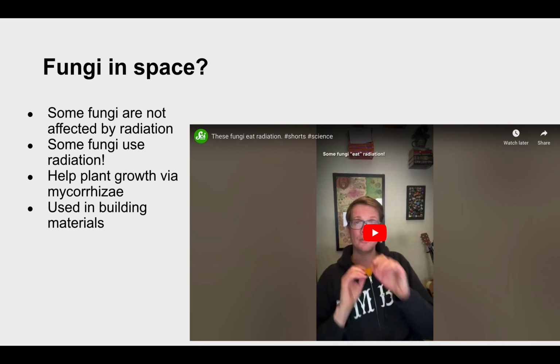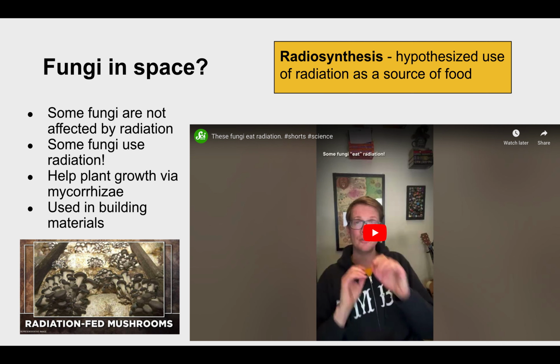Other fungi will actually use radiation, and this is an ongoing area of research. We hypothesize that these fungi are using radiation as their source of food, which is crazy. We call this radiosynthesis. It's still being researched. Fungi that do this can be found around places like the Chernobyl reactor site. If you want to, you can watch this video I have linked on the slides to learn a little bit more about how this happens.